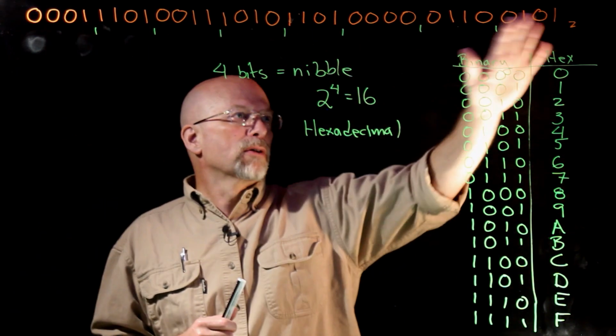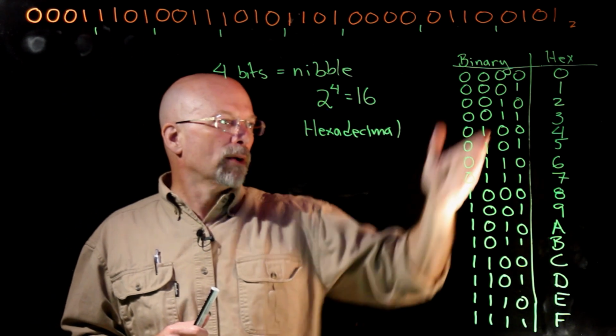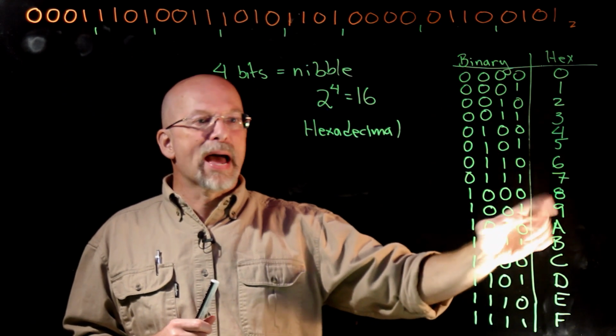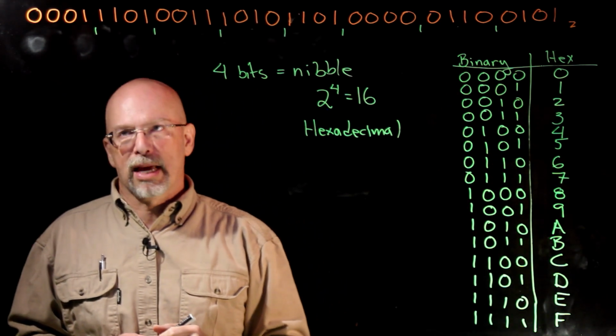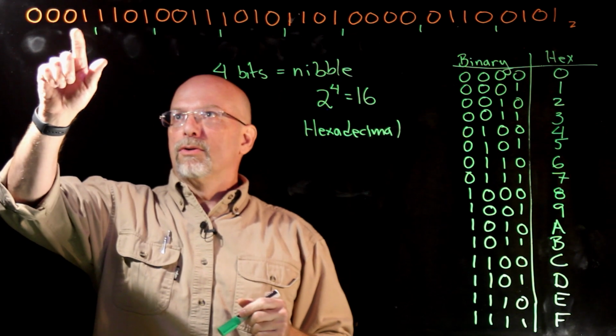What we need to do is convert this long binary number into hexadecimal using the mapping we came up with in this table. So 0001.